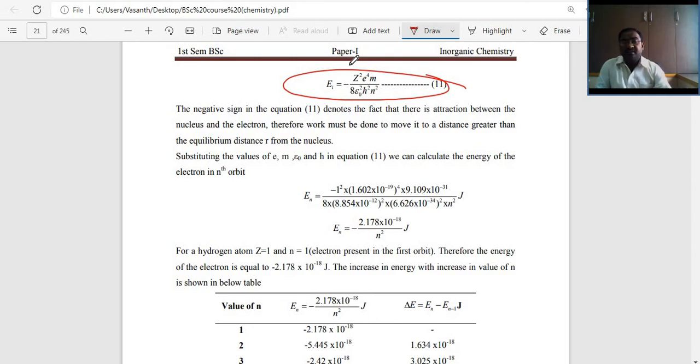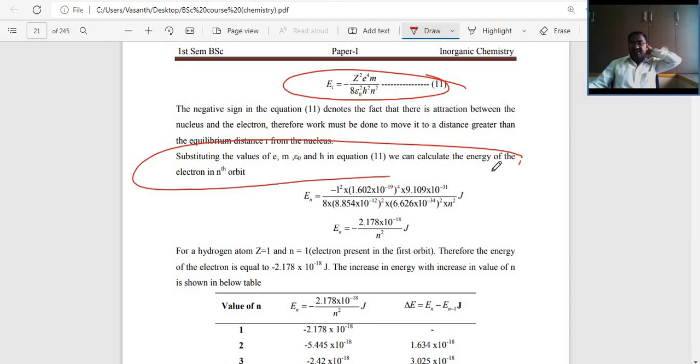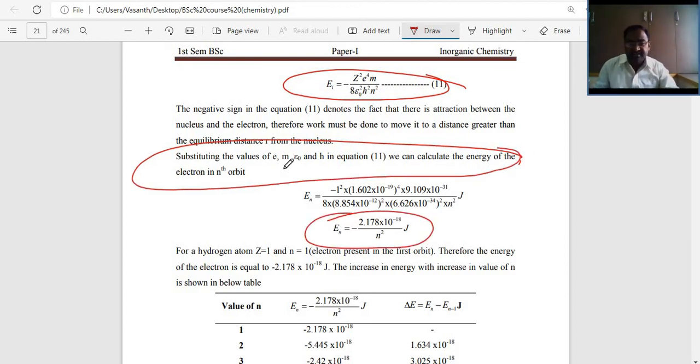And h is a constant. Finally, what we are getting is that the energy of the nth orbit is represented by En is equal to minus 2.178 into 10 to the power of minus 18 by n square Joules.